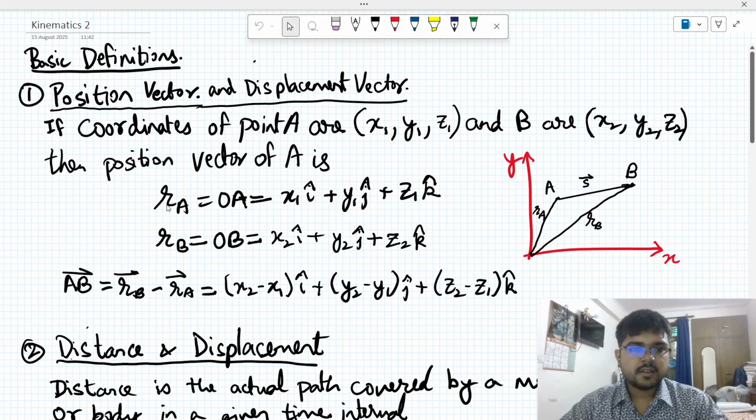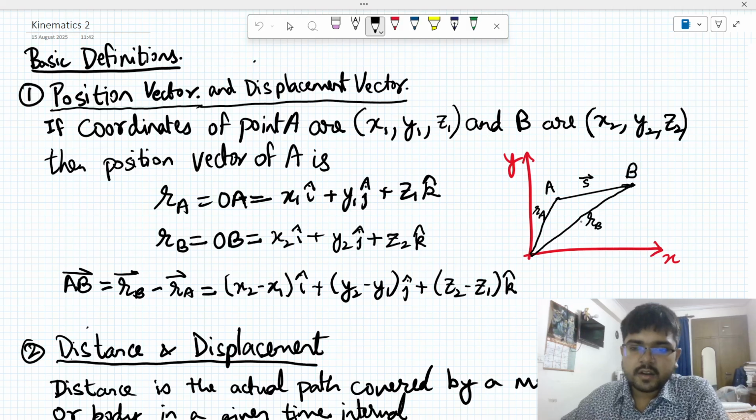So if we are given two points A and B, then the vector corresponding to A is Ra and the vector corresponding to B is Rb.